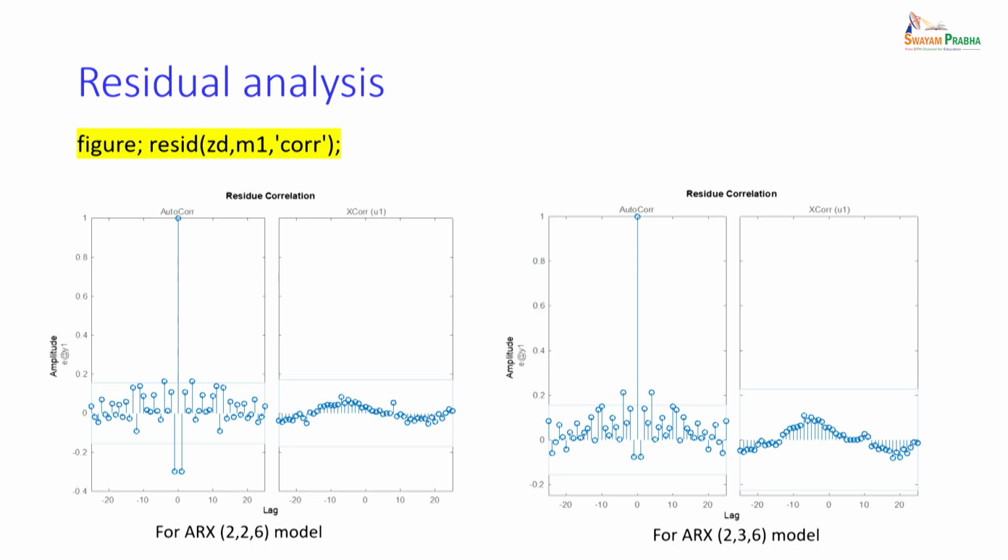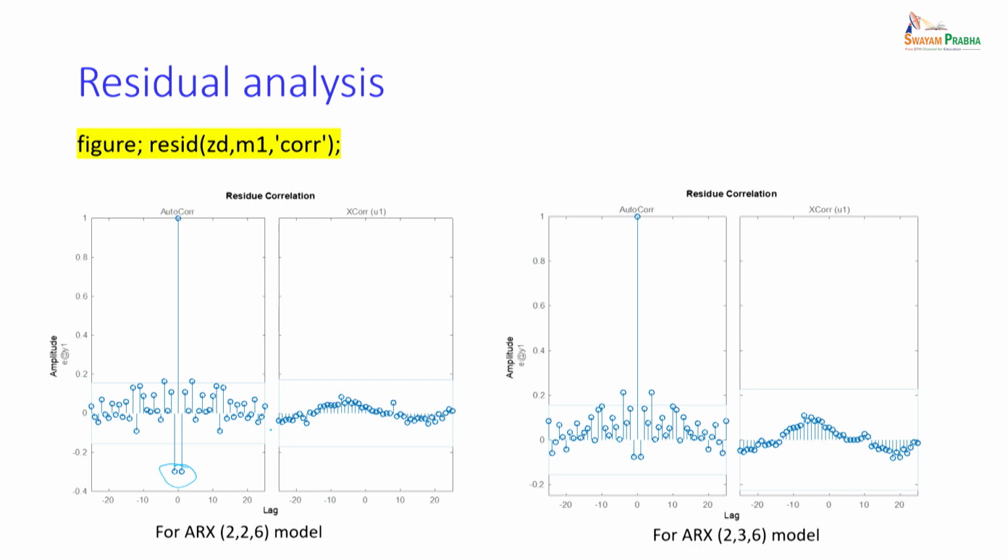So here is the correlation between the input and the residual error. What you have here is the cross correlation between the input and the residual, and it is non-zero for lags -1 and +1 roughly, or -2 and +2, but the autocorrelation of the residual is almost like white noise.